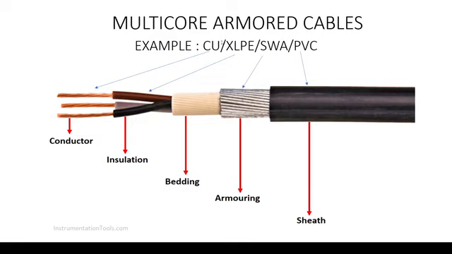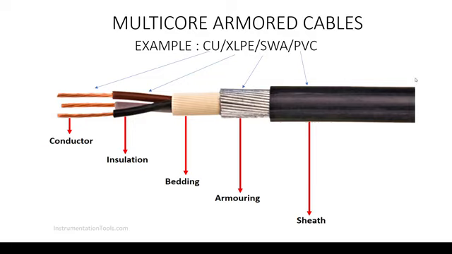Multi-core armored cables are usually used for feeding the electrical panels, feeding the mechanical equipment, the main electrical risers in a building, inside electrical rooms, in open areas, and in mechanical plant rooms. So they are the most versatile type of cable.